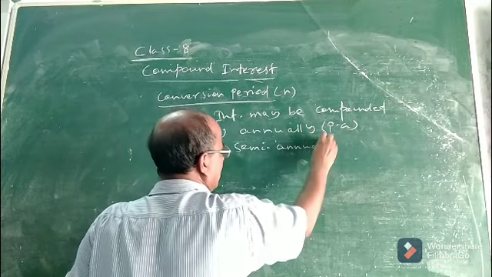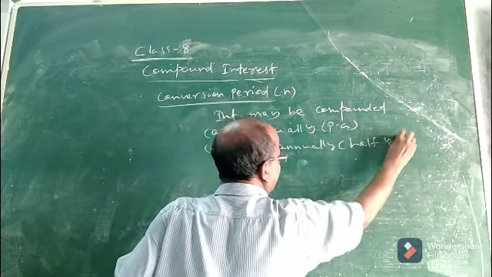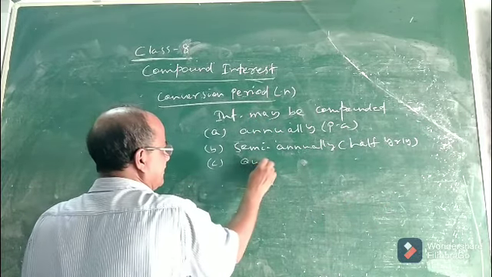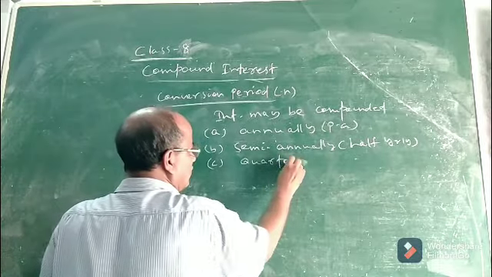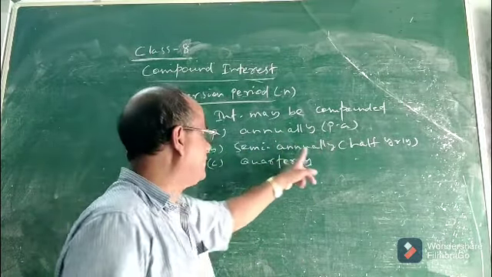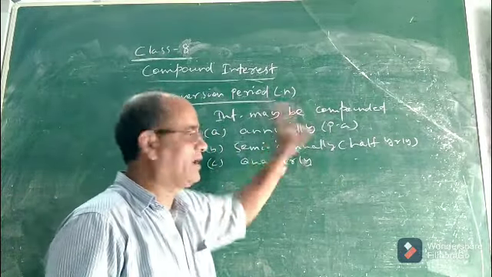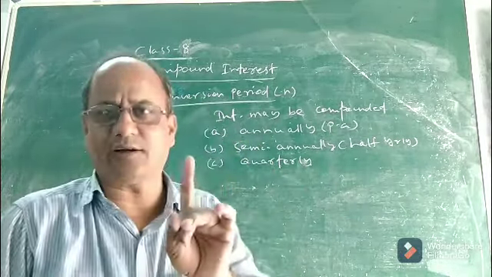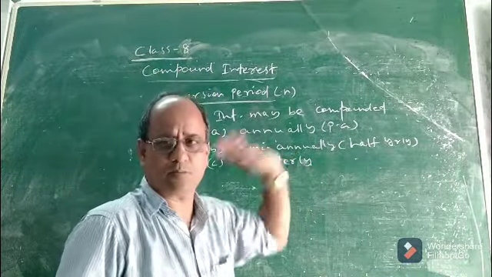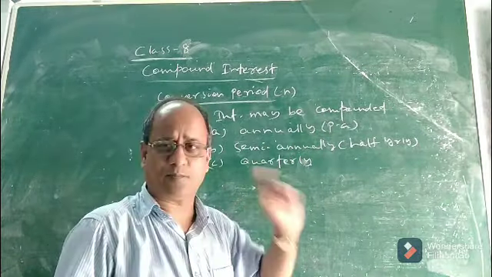Then third is quarterly. Per annum is very clear. In every year the interest will be calculated once in a year, that is annually or per annum. If interest is compounded once in a year, it is called annually or per annum.